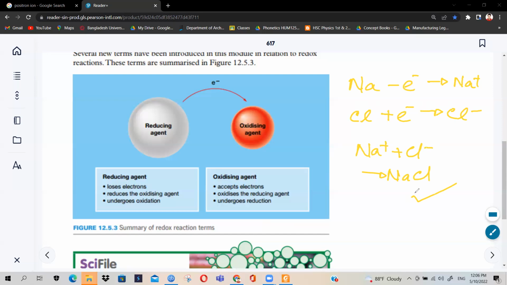So the reducing agent loses electrons, reduces the oxidizing agent. In my view, this is a very difficult term to understand. I would prefer you write it in your own words: reducing agents lose or give away electrons, and oxidizing agents accept those electrons.